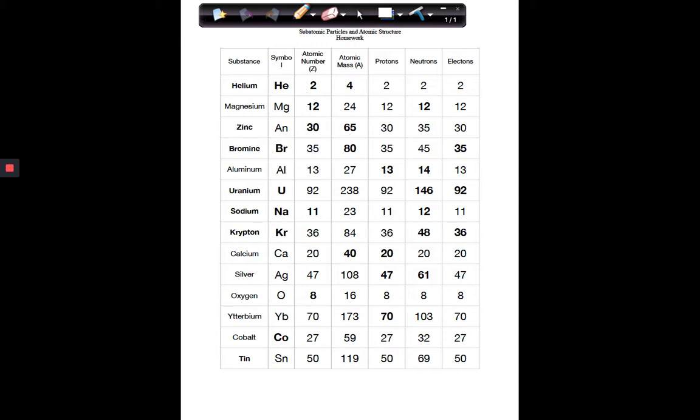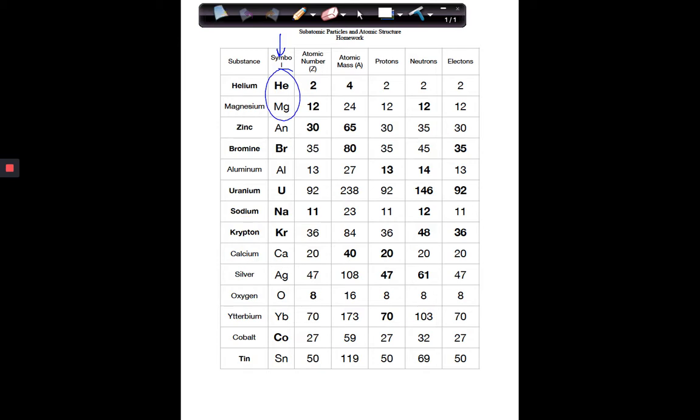So guys, when you start thinking about things that you should be checking, first of all, this. In the column when you're abbreviating these elements, guys, please be really careful. It's always capital letter first, and then if there is a second letter, it's always lowercase. So be sure you're doing that right.